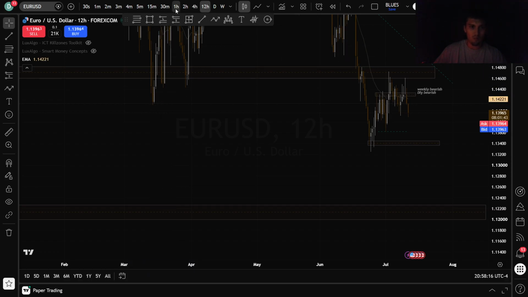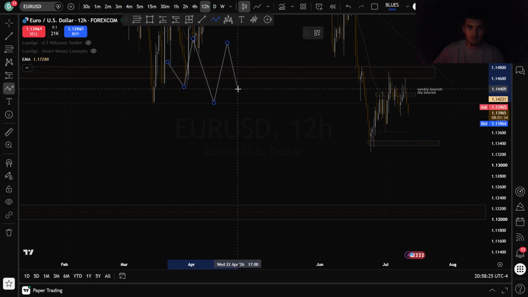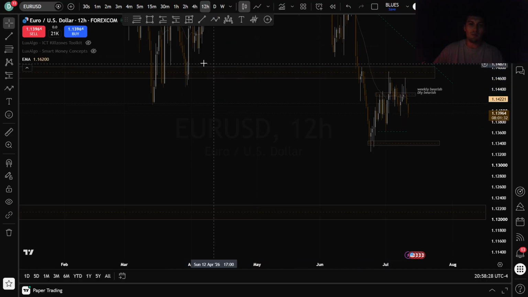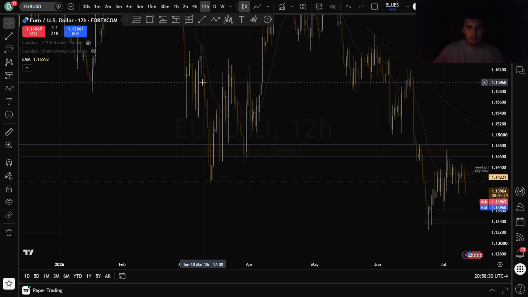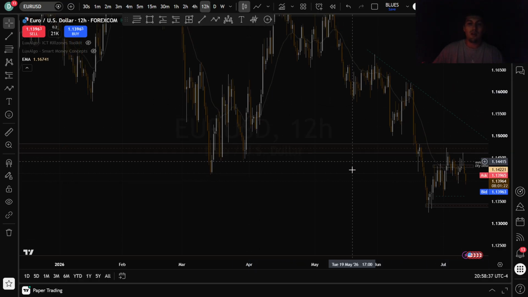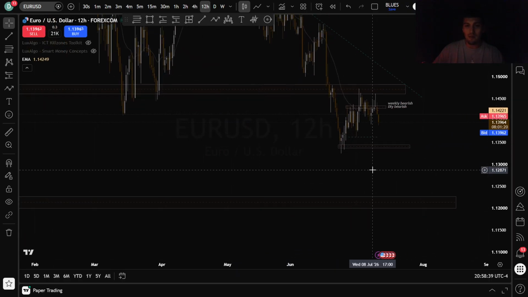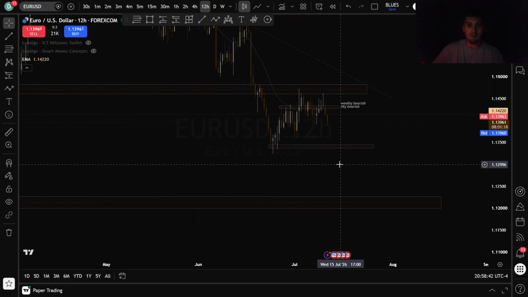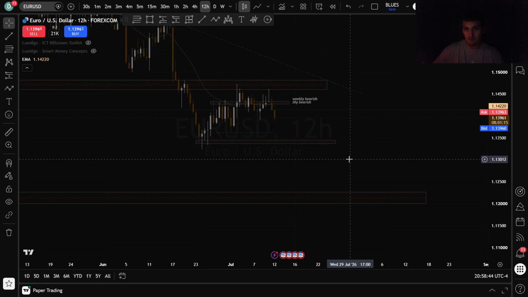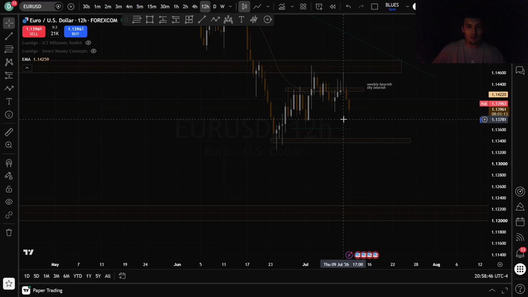We come back down, we break up again, and the same thing. So what's happening at this level is up, down, up, down, up, down, up. If there's big up and big down, there's big confusion, which means that there's a lot of money there, aka liquidity.